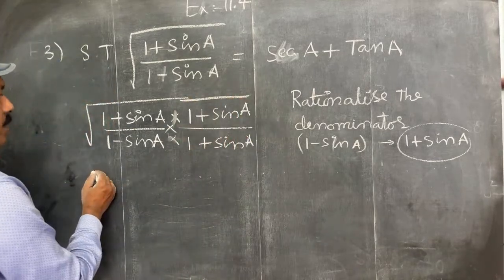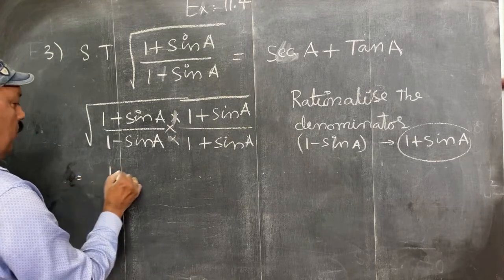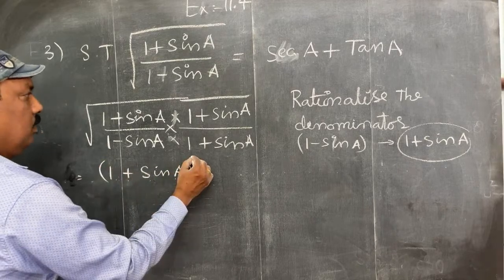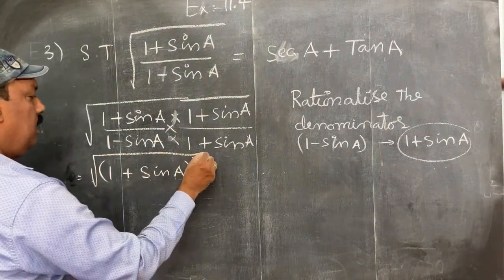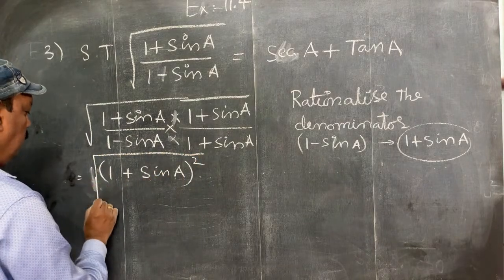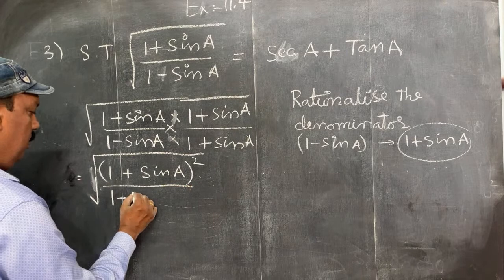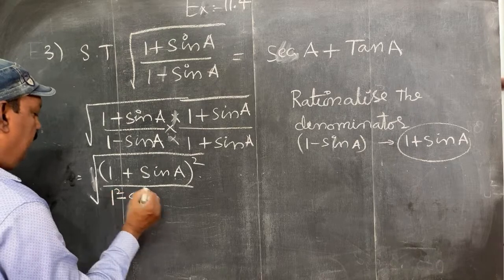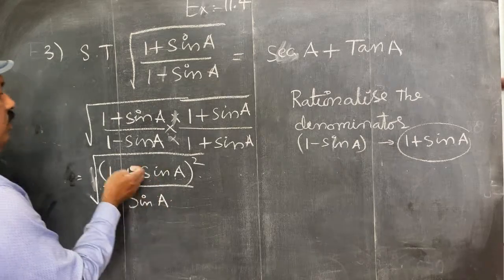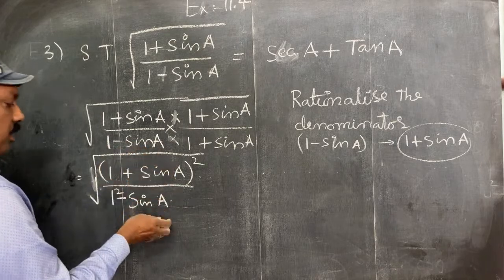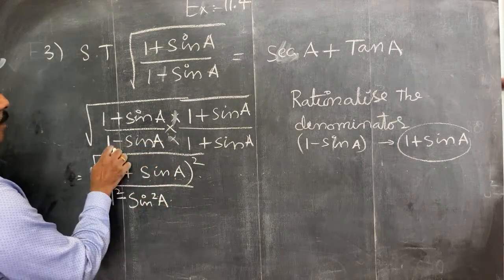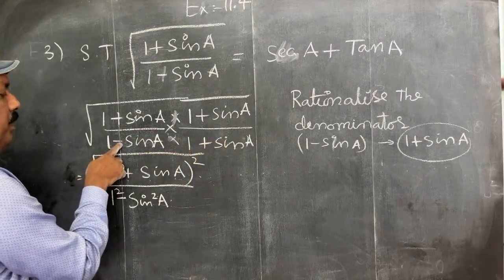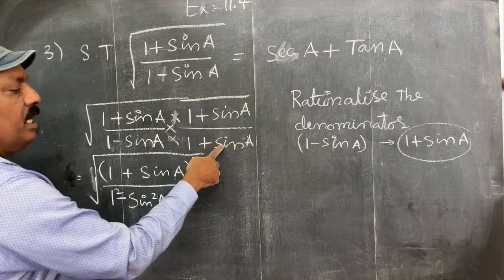Now the next step: 1 plus sin A whole square under root, over 1 square minus sin square A. Why? Because this is the a minus b and a plus b concept here. 1 minus sin A is a minus b, 1 plus sin A is a plus b.